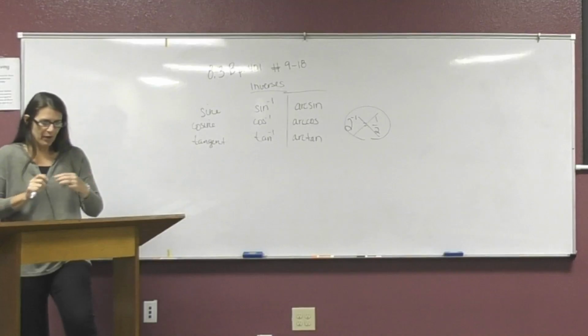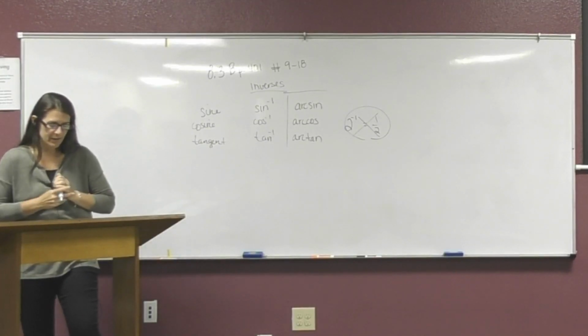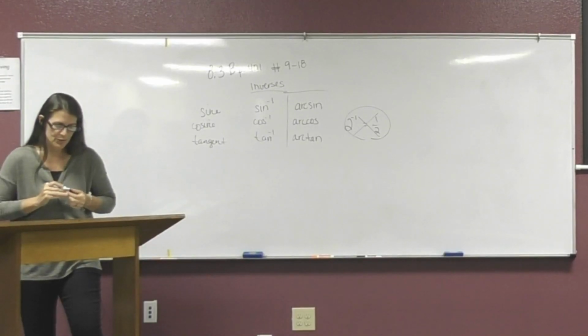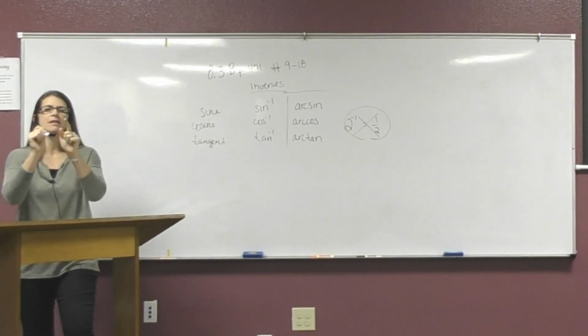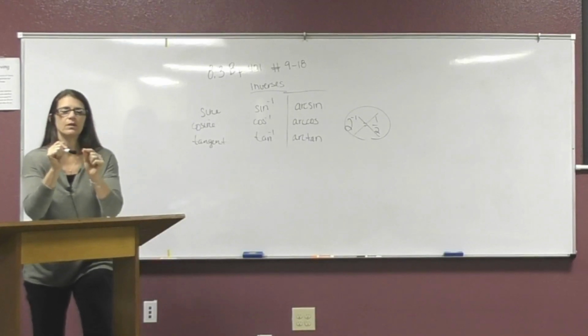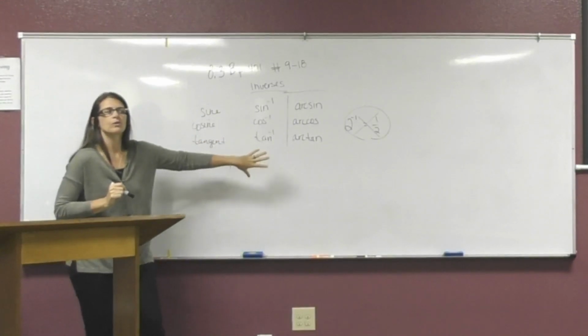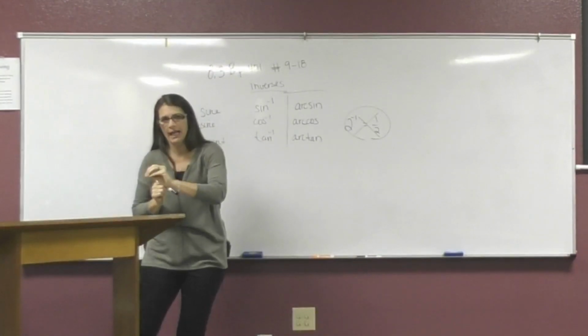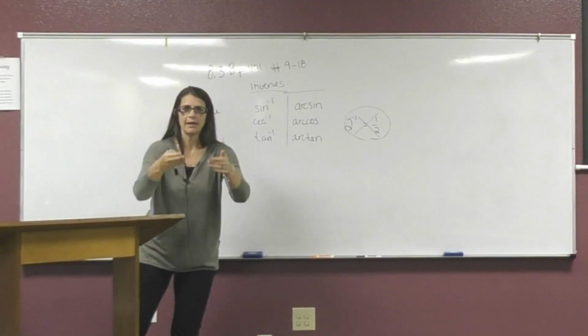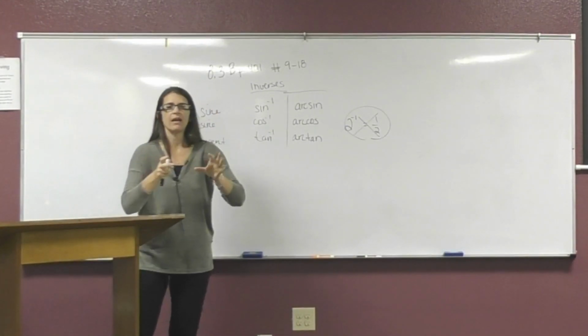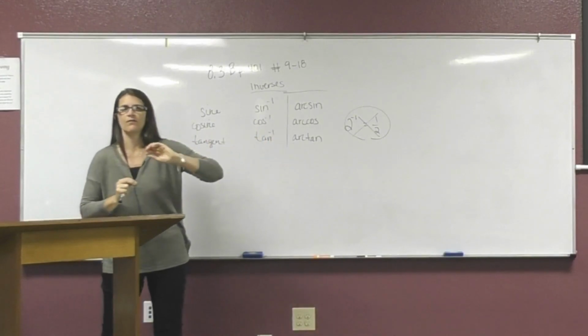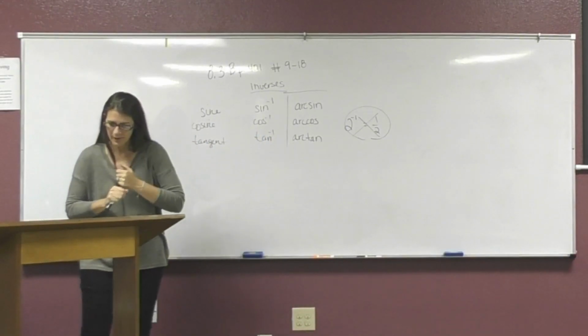So the next paragraph, these inverse trig functions can be used to solve for angle measurements, and that's what I really want you to focus on. This is what we use when we're looking for the measurement of the angle, okay? When you're looking for a degree, how many degrees is the angle? That's when you use the inverse functions, okay?